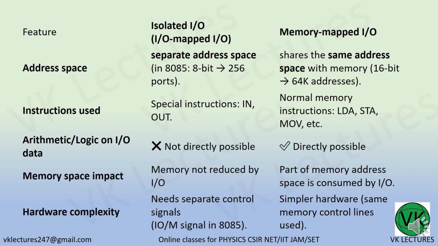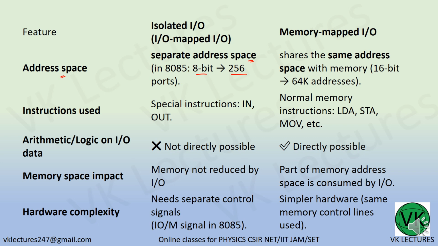To get more idea regarding isolated IO and memory mapped IO, a tabular column is made here. Feature: address space. In isolated IO, we have a separate address space for input output devices, having 8-bit addresses and 256 ports.